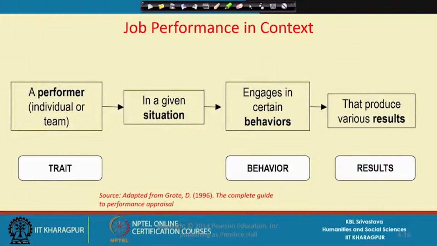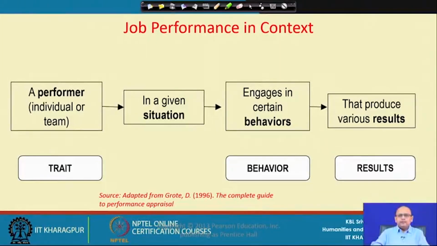In this context he is going to engage in certain behaviors, that he is going to carry out certain activities as defined by his job description. So, that is a part of the behavior, which is going to produce certain results. Now you look at it, there are 3 things coming out, that is traits or characteristics.